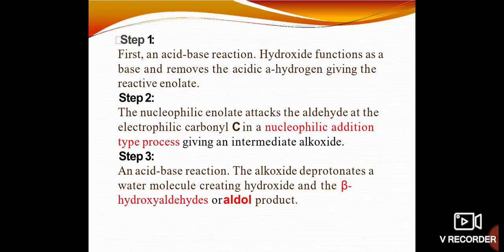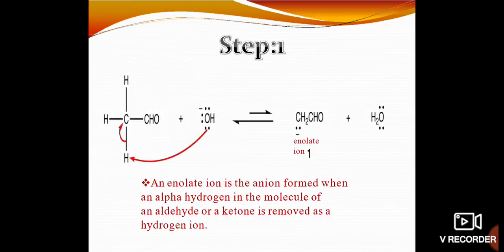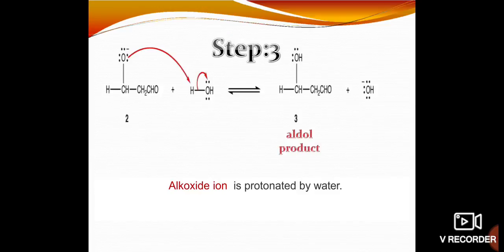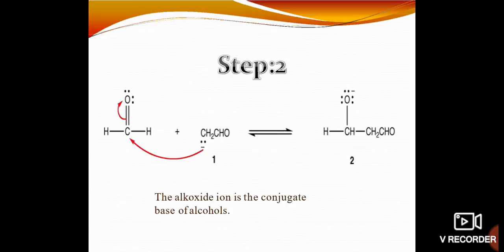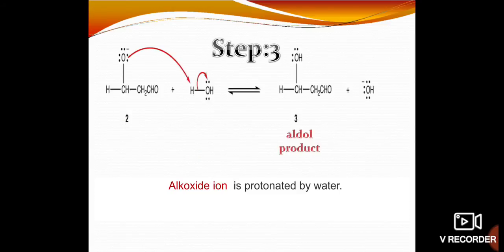In this third step, the second step forms an alkoxide. This alkoxide is treated with a water molecule and abstracts the proton from here to form the structure like this. That is the aldol product and a hydroxide ion.